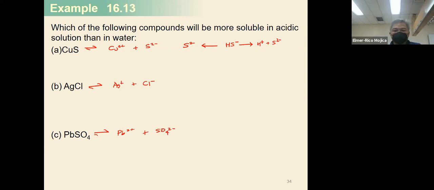So what happens if you put H plus there? Do you think it will react with the S2 minus to produce HS minus? Remember, when you make it more acidic, that means there's a presence of H plus. Will that react with the S2 minus, giving you HS minus?